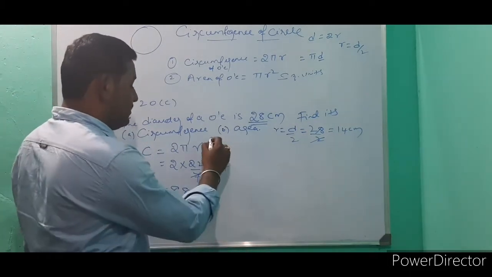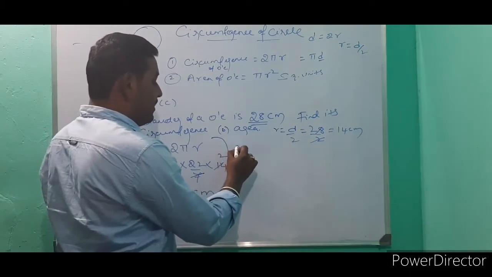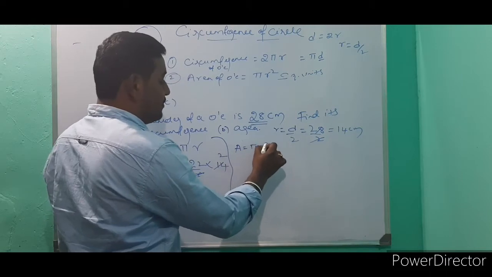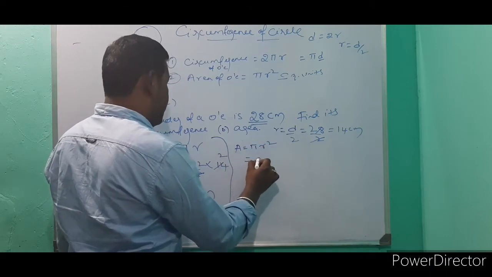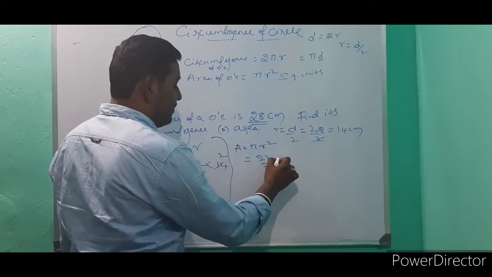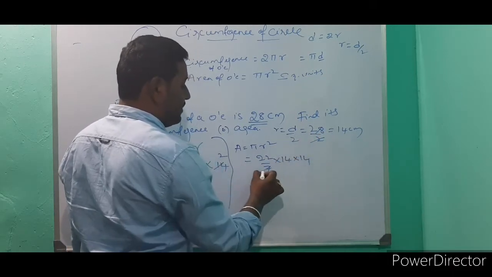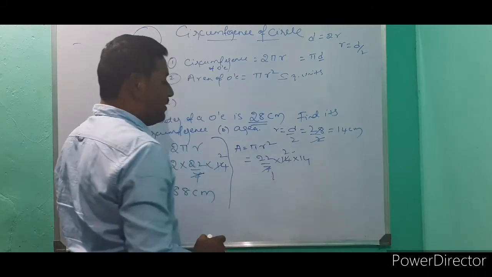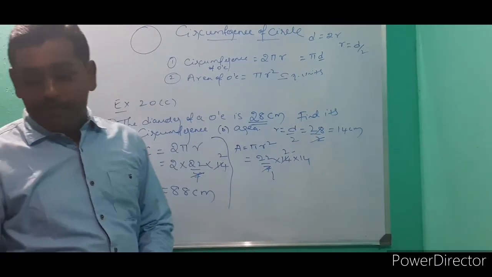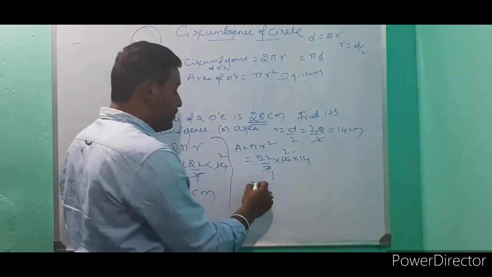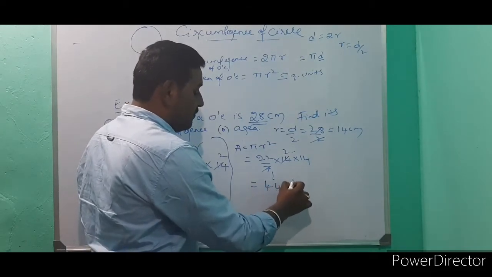Next you have to find the area. Area is equal to pi r square. Pi means 22 by 7, r means 14, that is 14 into 14. 7 twos are 14, so 22 into 2 is 44, and 44 into 14.